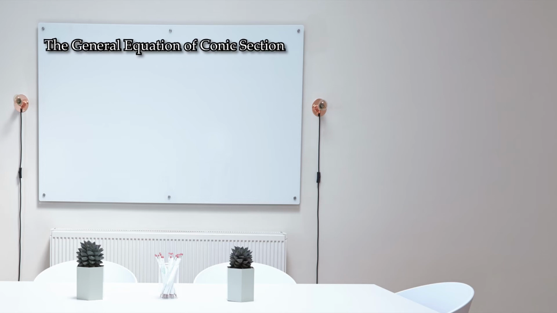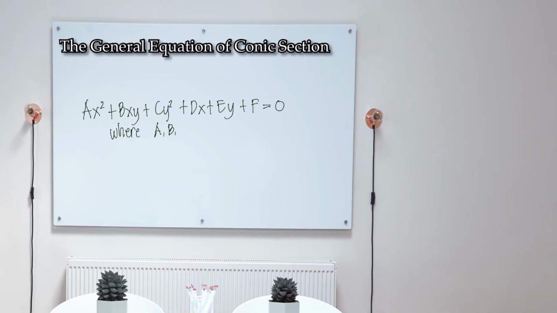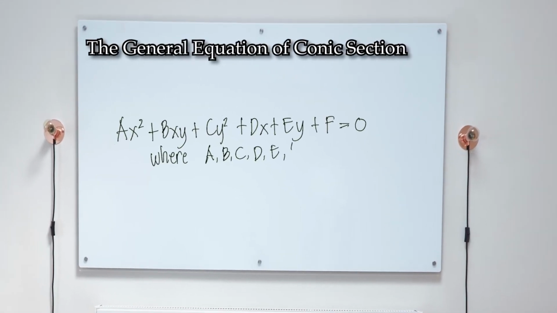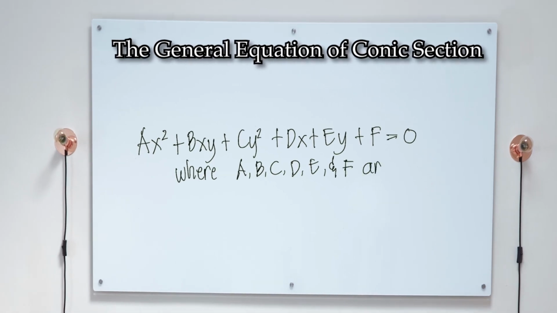The general equation of any conic section is given by ax squared plus bxy plus cy squared plus dx plus ey plus f equals 0, where a, b, c, d, e, and f are all constants.